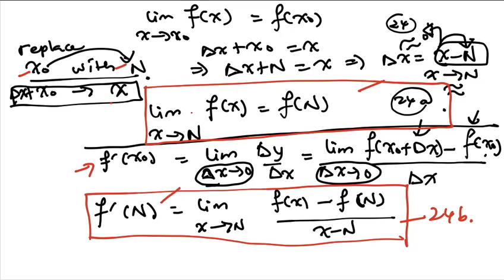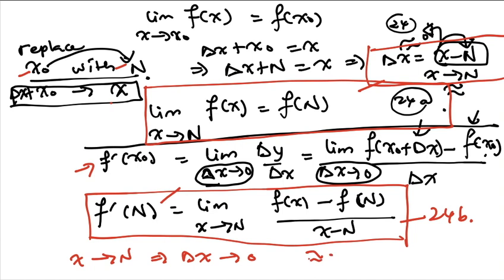Like I mentioned to you just now, x approaches n, so that the change in x approaches 0, isn't it? Because here, you can see that the change in x is the difference x minus n. But when we talk about approaches, it doesn't mean that x equals n.